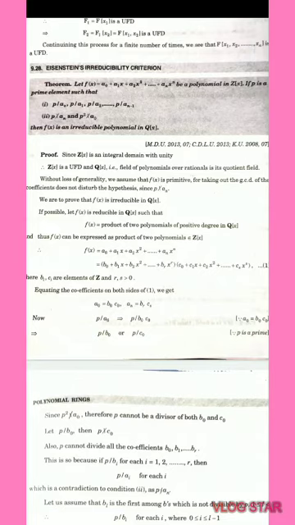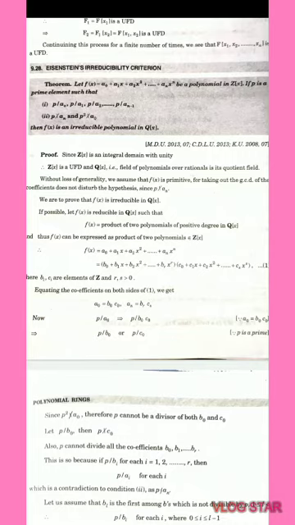In the continuation of UFD, today we are doing Eisenstein's irreducibility criterion. Let f(x) = a0 + a1x + a2x² + ... + anxⁿ be a polynomial in Z[x].